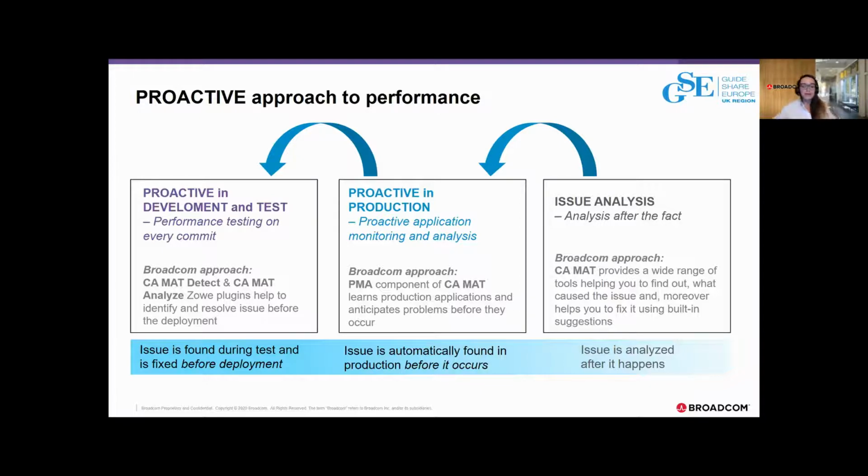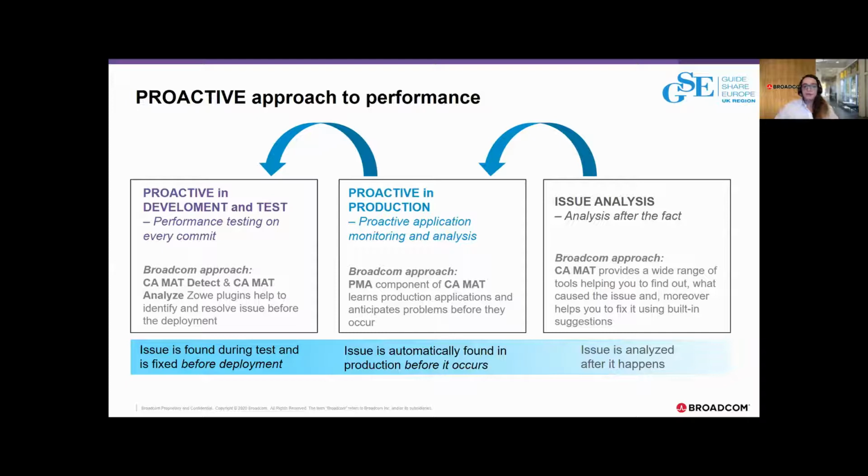And the next level, which we would like to suggest and open this conversation with, is a big emerging topic: being proactive in the testing environment and finding issues before they hit production systems, so that you do not deploy buggy code.